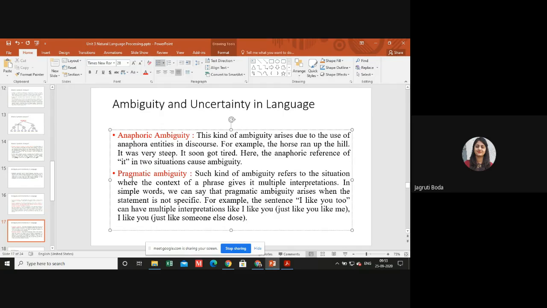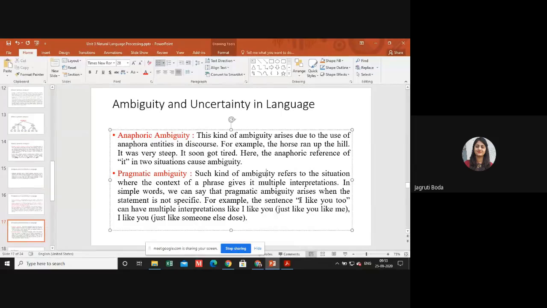Now next is pragmatic ambiguity. Such kind of ambiguity refers to the situation where the context of the phrase gives it multiple interpretations. In simple words, pragmatic ambiguity arises when the statement is not specific. For example, the sentence "I like you too" can have multiple interpretations: I like you just like you like me, and the second meaning is I like you just like someone else does.